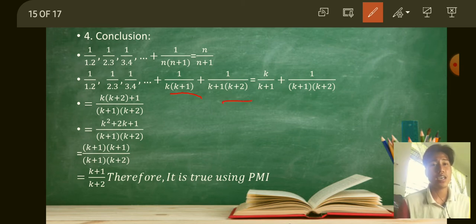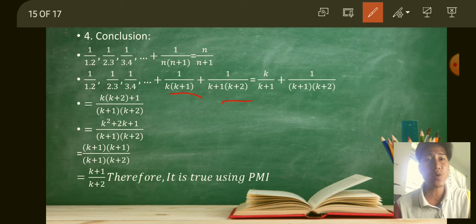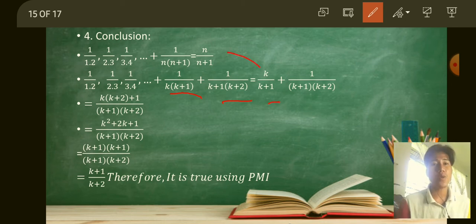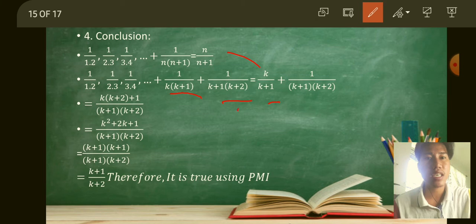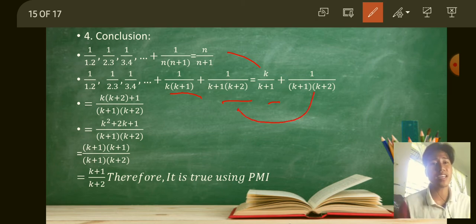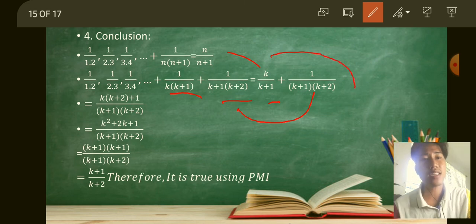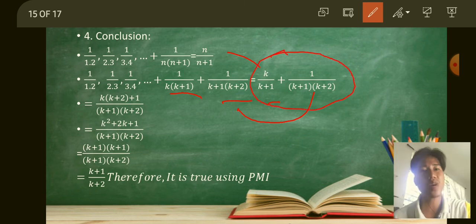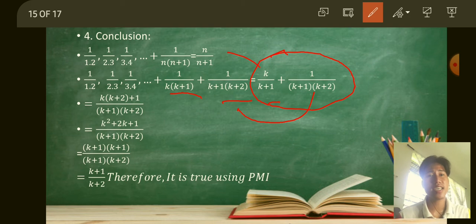So it will become k over k plus 1, plus 1 over k plus 1 times k plus 2. Here we simplify this one: k over k plus 1 plus 1 over k plus 1 times k plus 2.